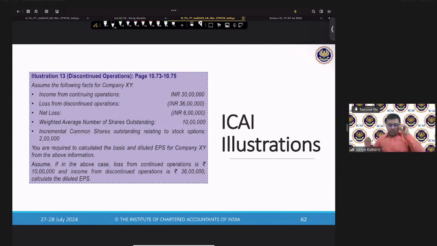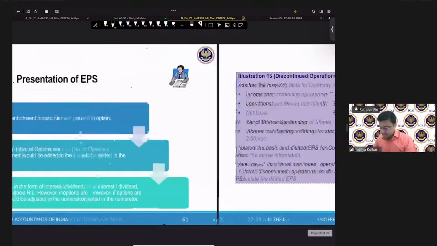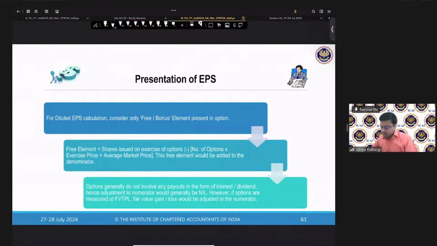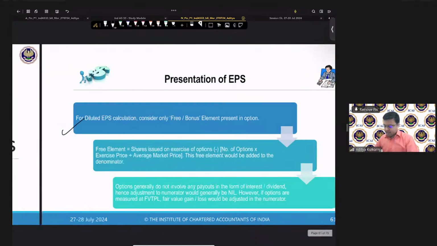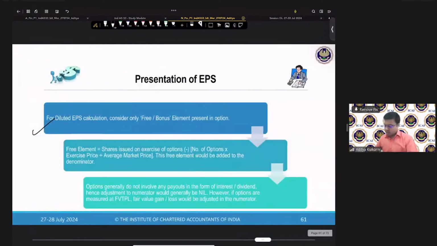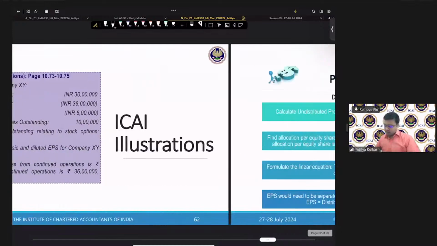Then we have Ind AS 108 that deals with operating segments, yet another very small topic. For that I need just about half an hour to 40 minutes to wind it up. Three element options I have explained already to you.